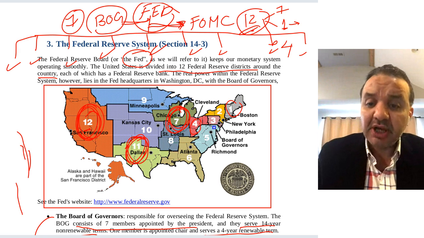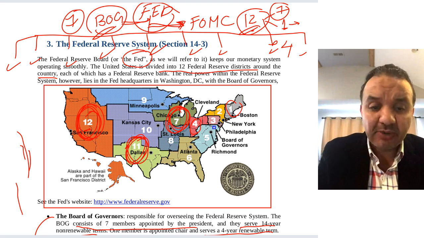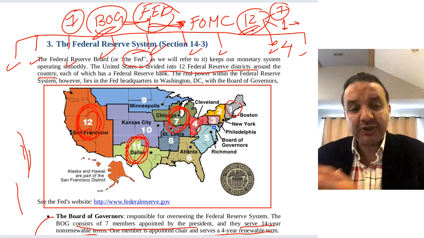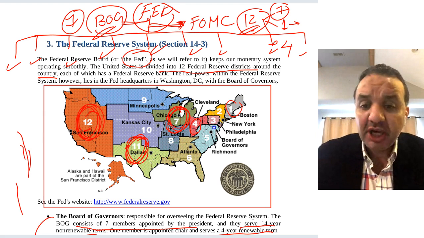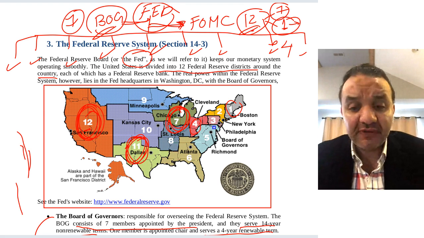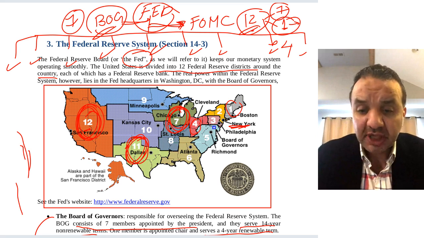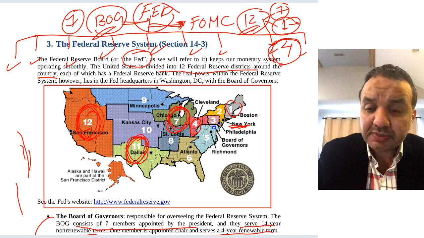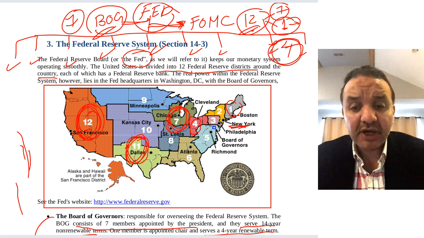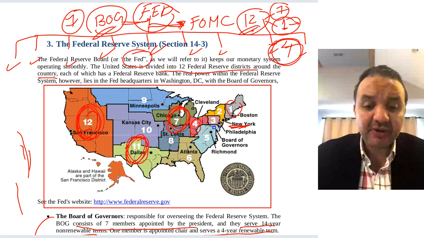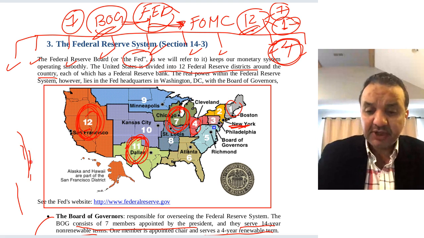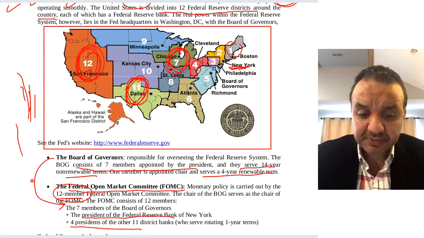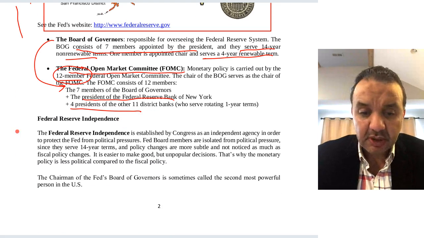It includes 12 members, formed as follows: the 7 members of the BOG, the president of the federal bank in New York, and 4 presidents of the other Federal Reserve banks. So this is the structure of the Federal Reserve System.